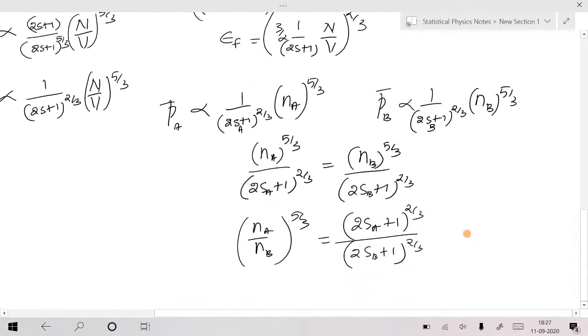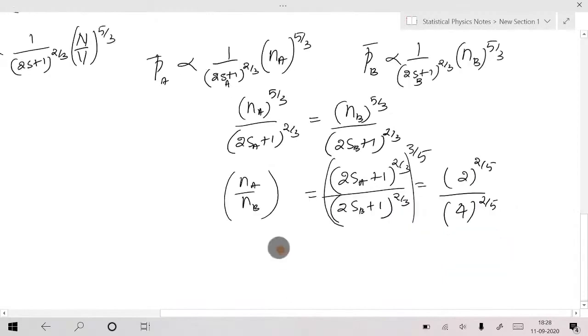I hope I am not wrong. Check the calculation later. I think I have to raise the power to 3 by 5, so that it becomes 2 by 5, 2 by 5. Am I right? Power 2 by 5, 2 by 5. That means this is 2 raised to 2 by 5, and this is 4 raised to 2 by 5.